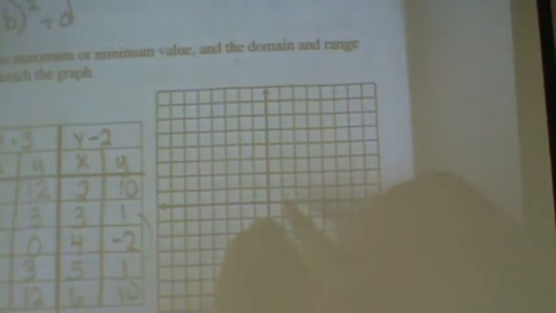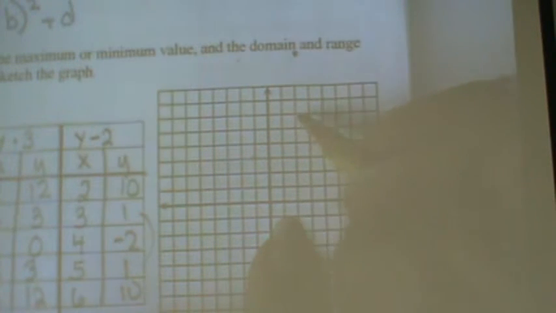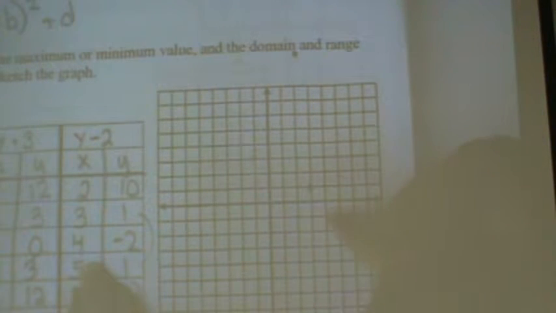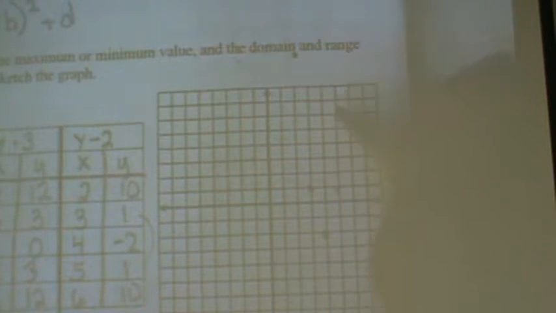I'm going the wrong way, you guys. I'm so sorry. Who's telling her that? Because I was graphing my... I'm looking up there. 2, 10. It's okay. 3, 1. 4, negative 2. 5, 1. And 6, 10 is up. Let me get here. So, there is our picture.